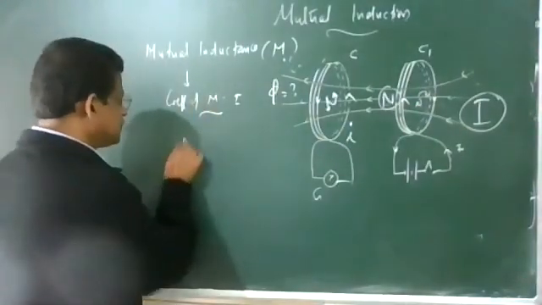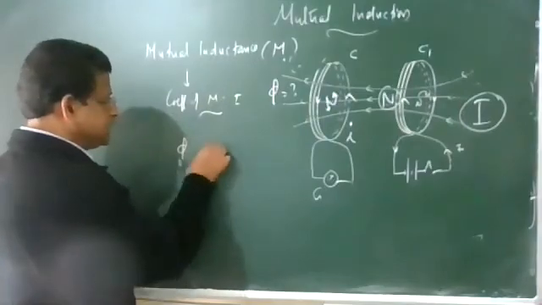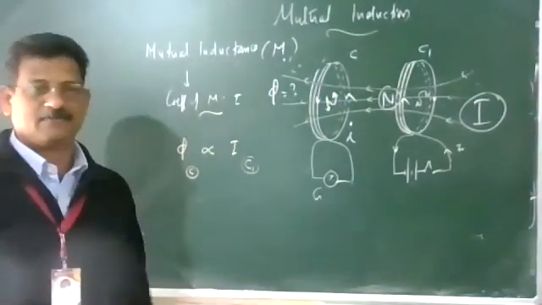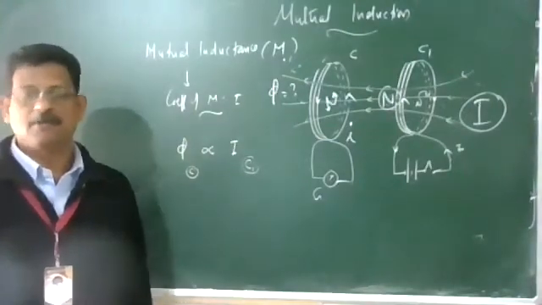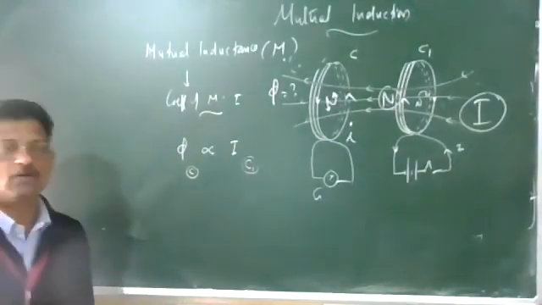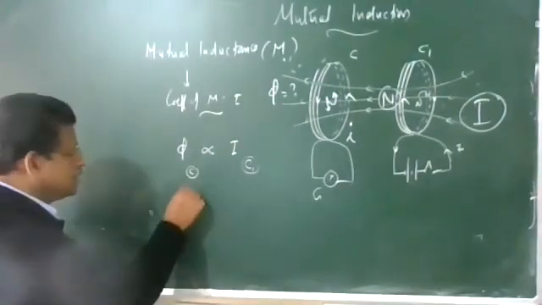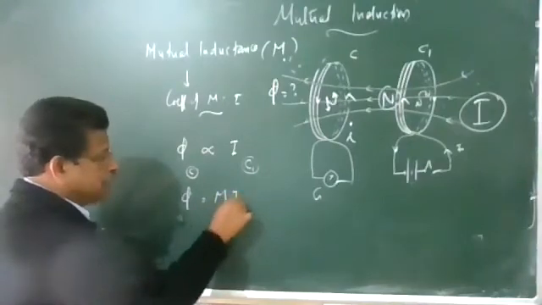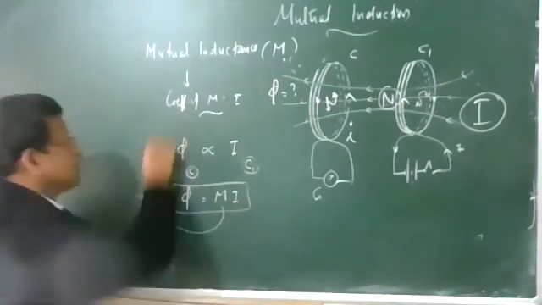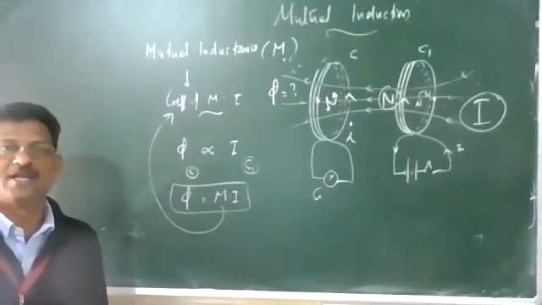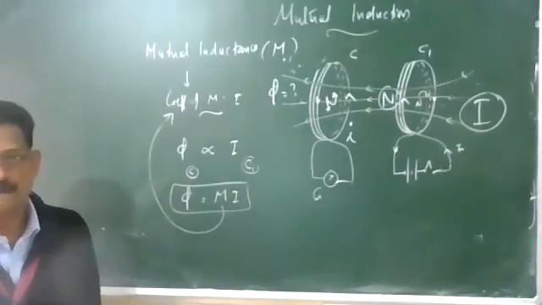So flux linked with one coil is directly proportional to the current flowing in the other coil. And this proportionality is ruled by the constant M. And M is known as the coefficient of mutual induction or mutual inductance.